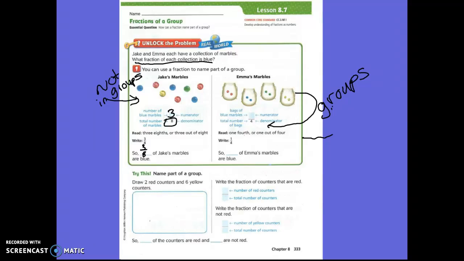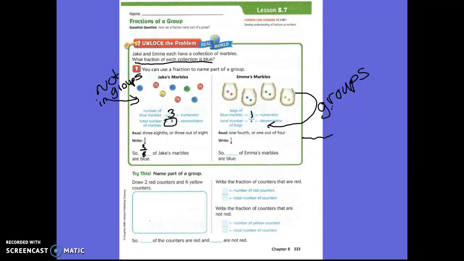Now the question is still, what fraction of the collection is blue? How many groups of her marbles are blue? Everyone? 1. Only one group is blue.